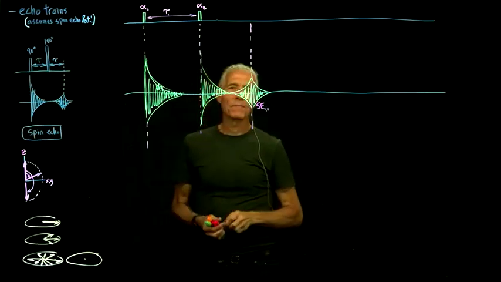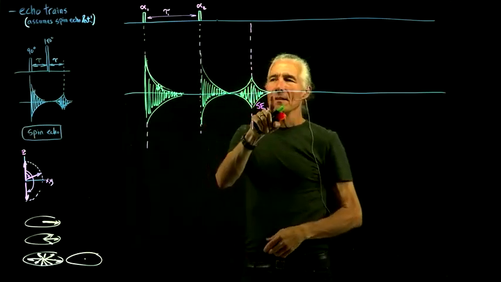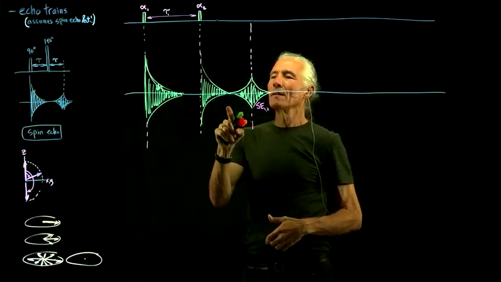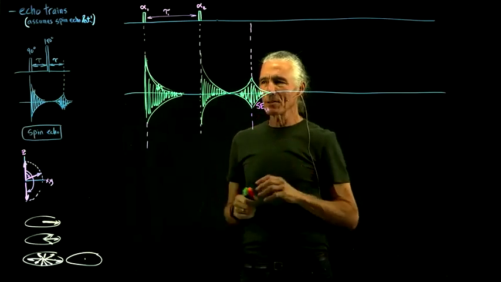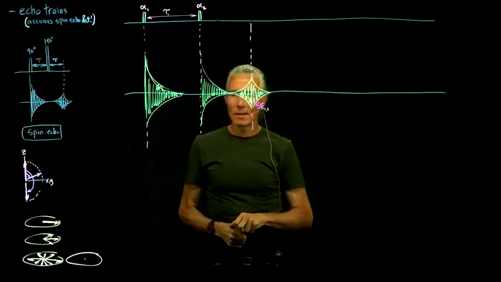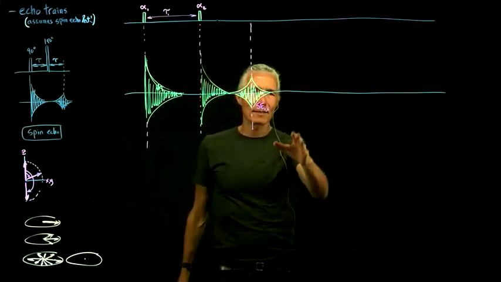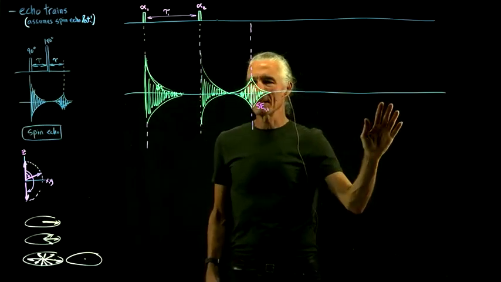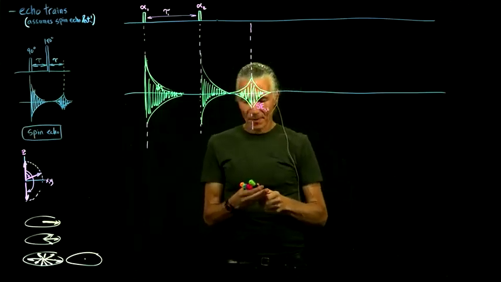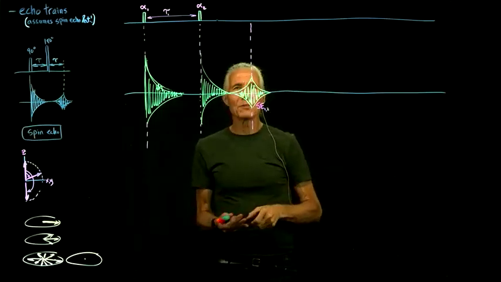So that's our standard spin echo. And now, if we didn't do any additional pulses, nothing would happen. It would just be silent. But let's do another pulse.